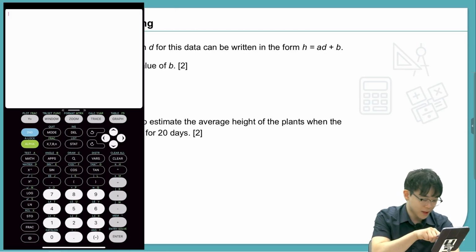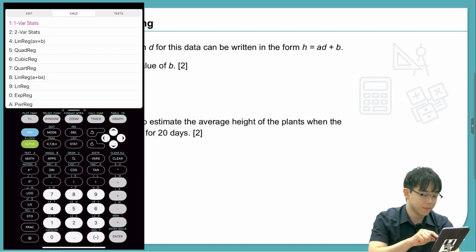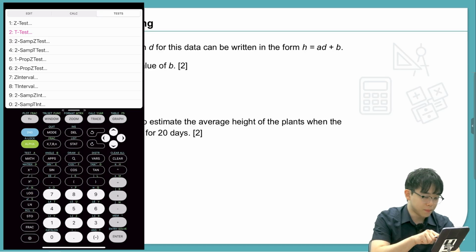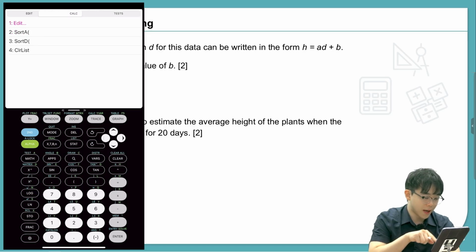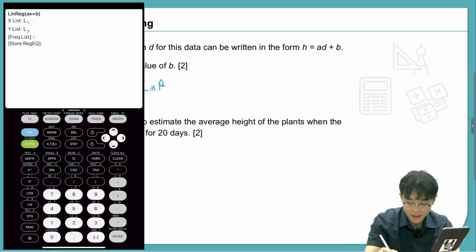So if that's entered correctly, you want to go to your calculator option again. So exit that to your menu, and you want to go to Stat, Calc, right? And we have the linear regression AX plus B button. So we put in our linear regression AX plus B, and it's going to ask for the X list and the Y list.